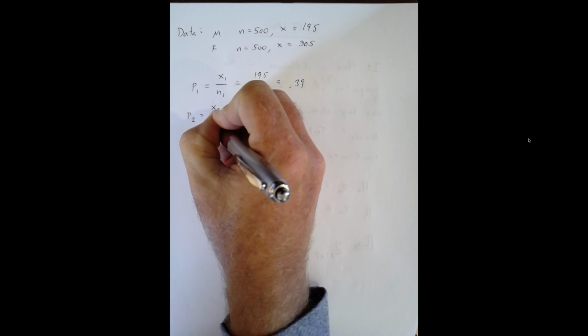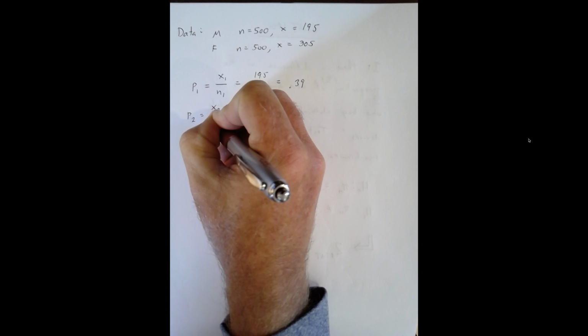Now, we're going to need some more stuff. What is pi 1? That's the proportion of all males who use their mobile device to purchase clothing. That's unknown. And pi 2 is all females who use their mobile device to buy clothing.